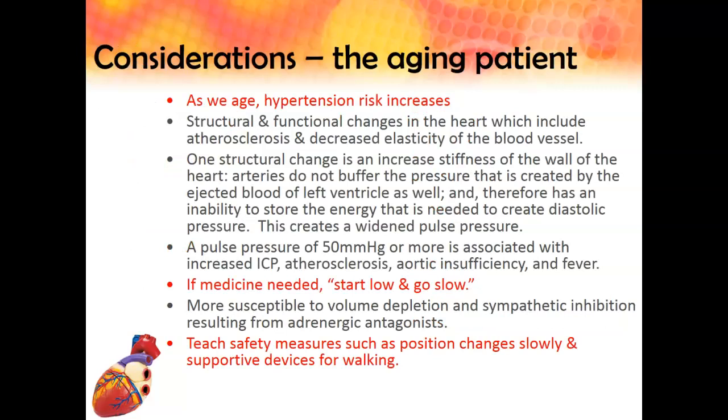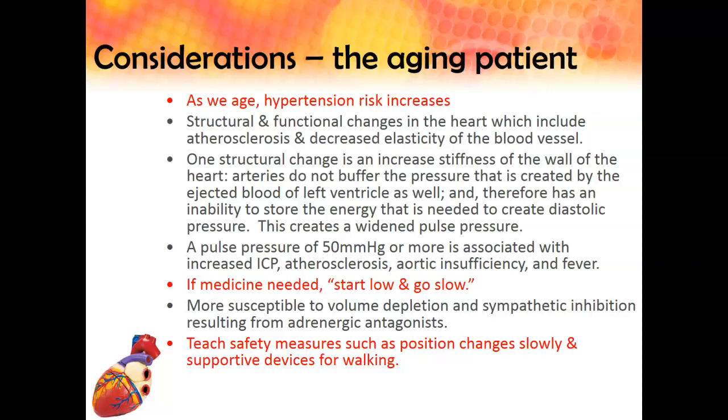So some things we have to think about with the aging patient. As we age, hypertension risks do increase. Structural and functional changes of the heart will impact how it can actually function. When there is structural change, there's also an increase in stiffness of the walls, which basically makes it difficult for the heart to buffer that pressure.